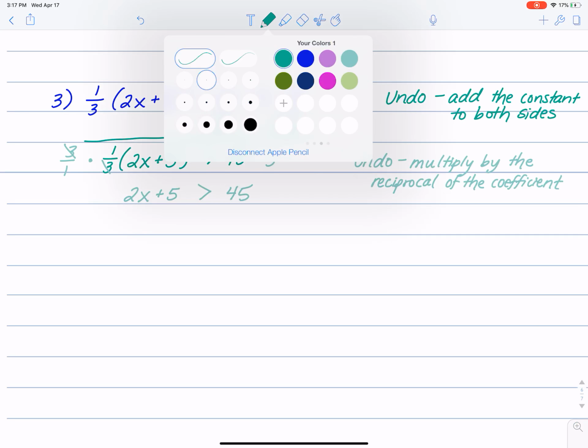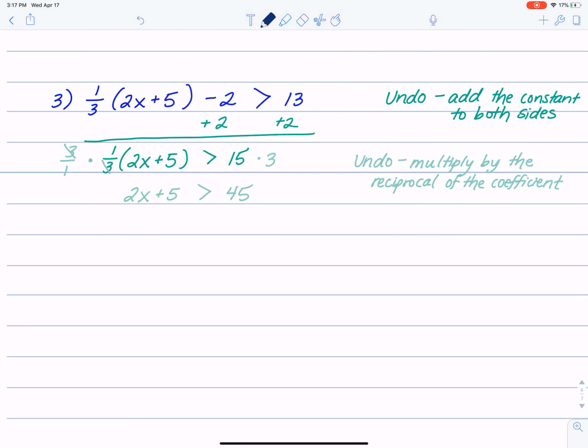Let's see. Change a little bit darker. All right, we're going to subtract 5 to both sides. Now we're just in a regular two-step equation. Again, that is an undo step. Subtract the constant. That gives us 2x is greater than 40.